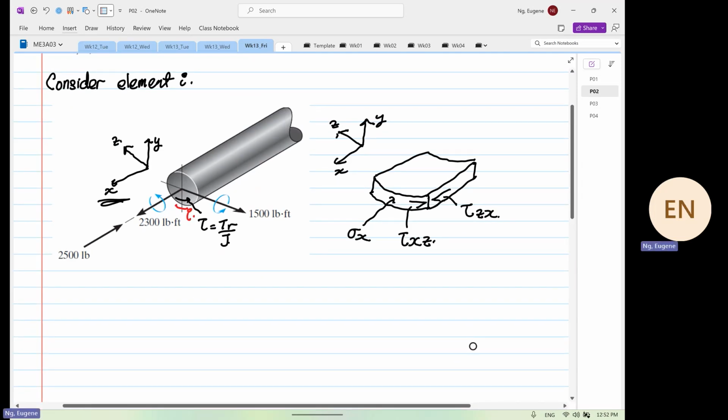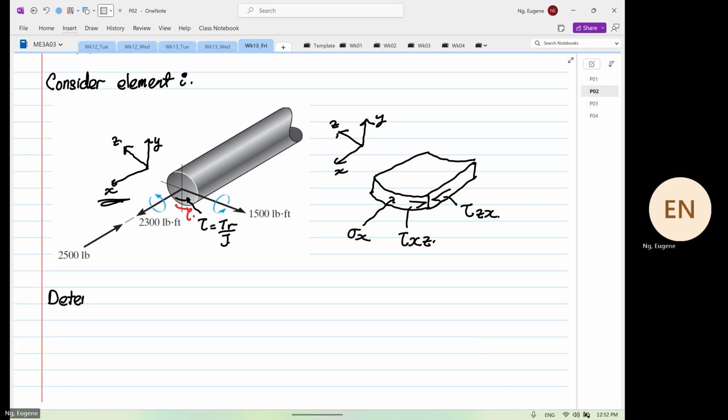So before we go on, we have to determine our stress X and our shear XZ. And now I would like to orientate our element such that it looks familiar to all of you.